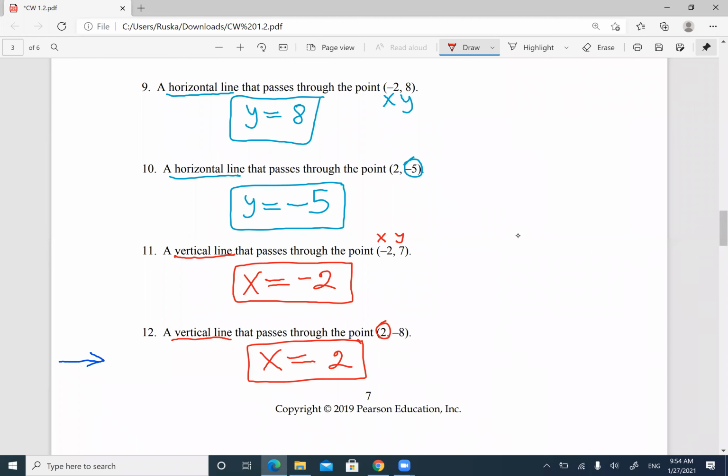So when you have a horizontal or vertical line, keep in mind the equation has only x or only y. They don't have both. If you have x and y in a linear equation, that means it's an increasing or decreasing line. If you have only y in your equation, it's a horizontal line. If it's only x in the equation, it's a vertical line, okay?